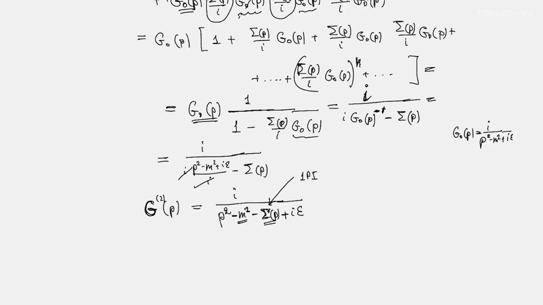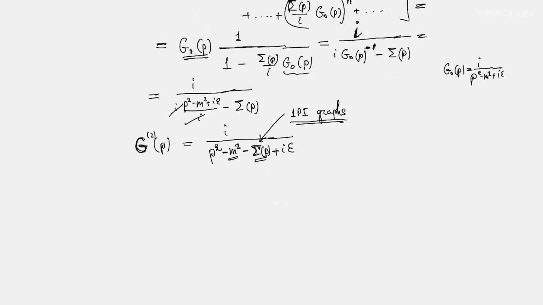This quantity shifts the pole. Now, if I want to restore the full Green's function, so the complete Green's function, as a function of P1 and P2, what I need is to return back my four-dimensional delta function of P1 plus P2, and then it should be multiplied by this quantity G2 of P. Then it would be the complete Green's function in this theory.